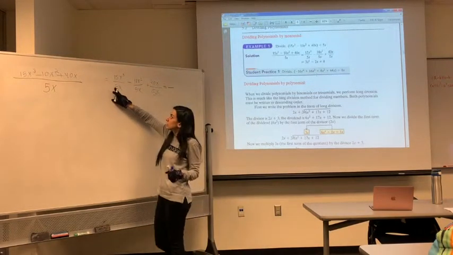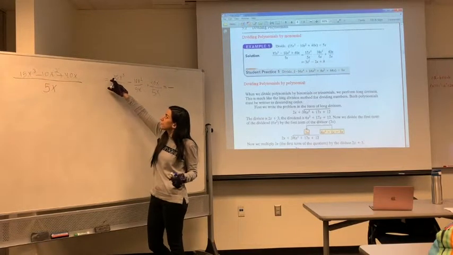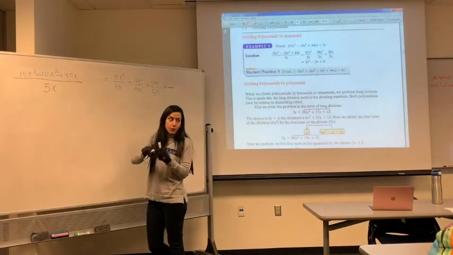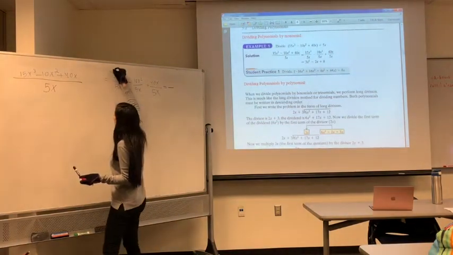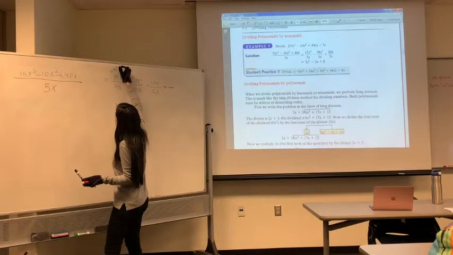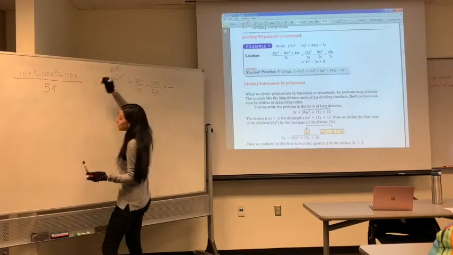15x cubed over 5x. So we can write this one as 3 multiplied by 5 x squared multiplied by x, right?